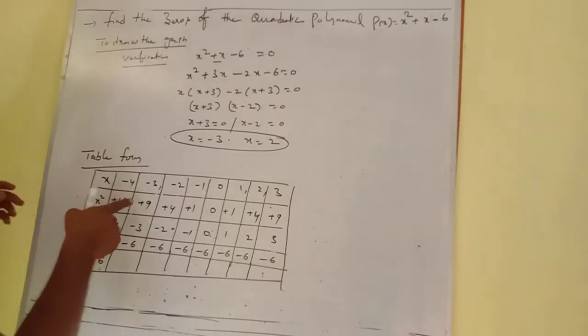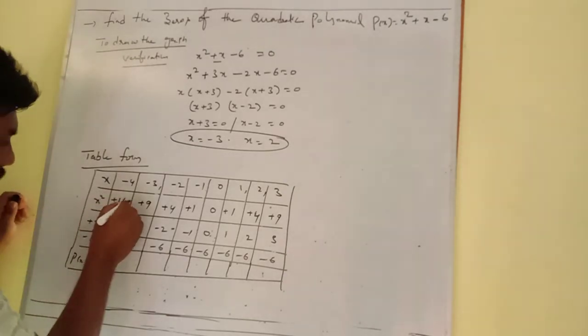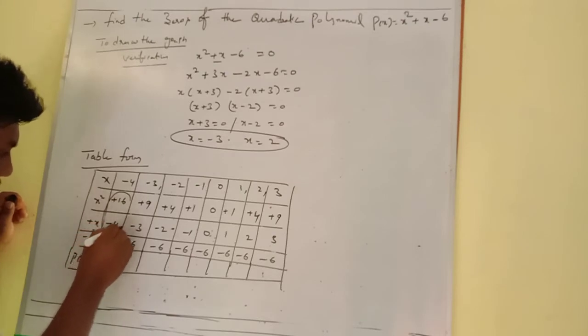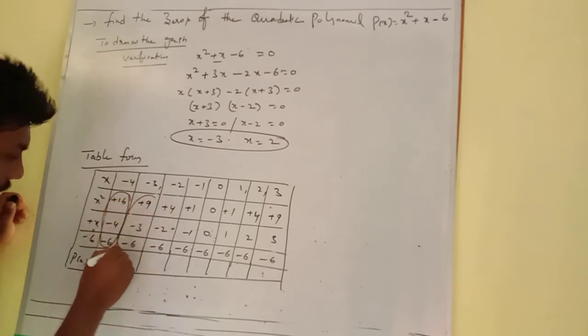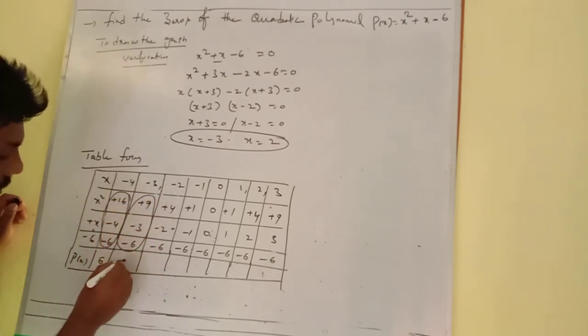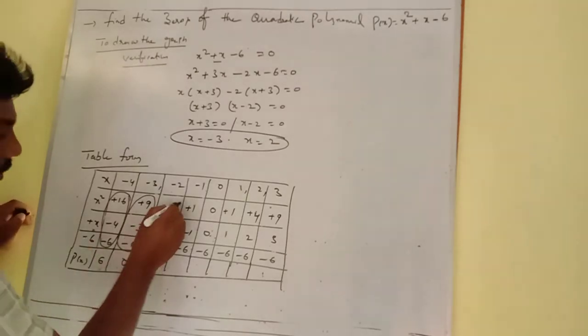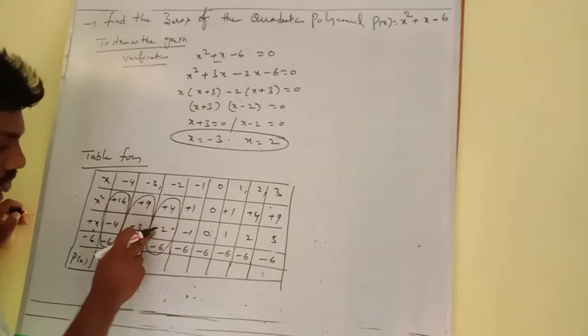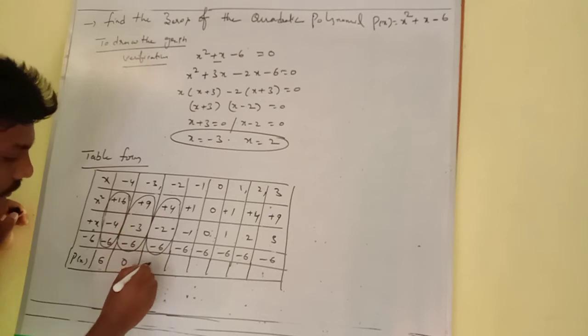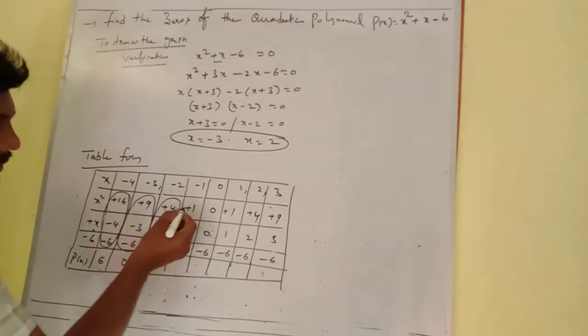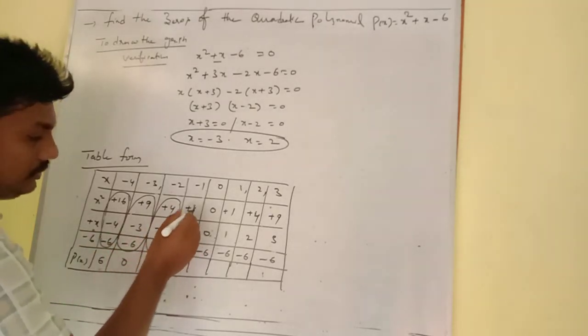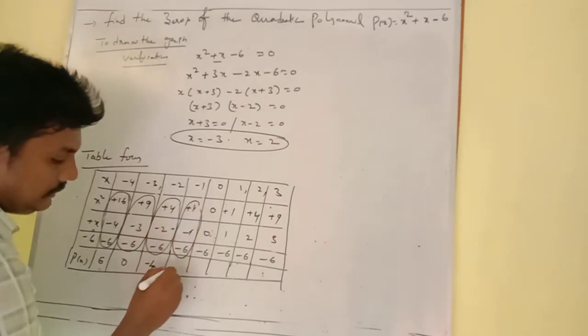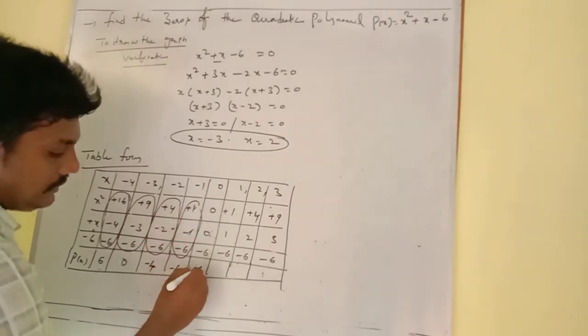Here plus 9 minus 3 minus 6, this is 0. This is 4 minus 2 minus 6, this is minus 4. This is plus 1 minus 1 get cancelled, so the remaining thing is minus 6. This is also 0, 0, minus 6.